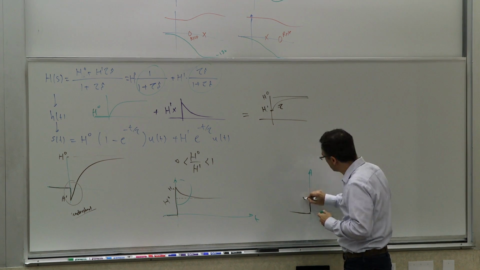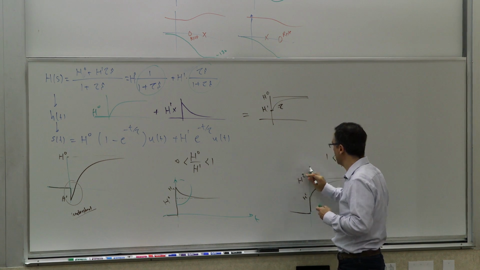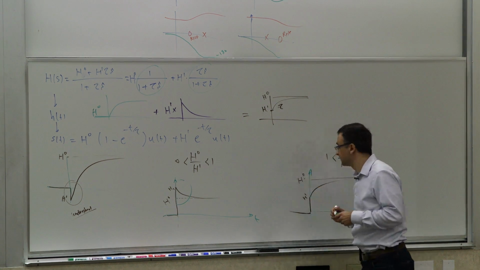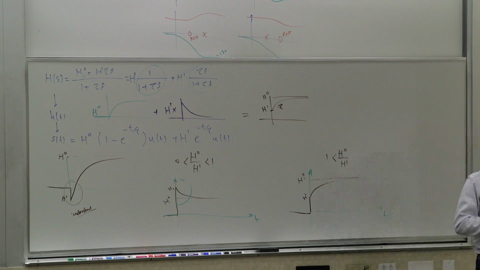You go up to h1, and then you eventually go asymptotically to h0. Does it make sense?